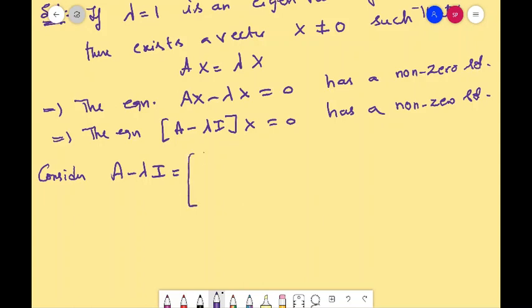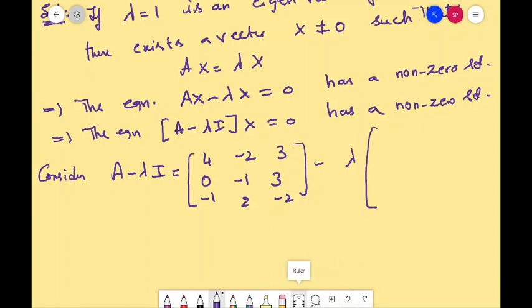Now let us see how to write A minus lambda I. What is A given to us? 4, minus 2, 3, 0, minus 1, 3, minus 1, 2, minus 2, minus lambda into I, where lambda is 1 for us. Here I is the 3 by 3 identity matrix, since A is 3 by 3. If it were a 2 by 2 matrix, we would take a 2 by 2 identity matrix.